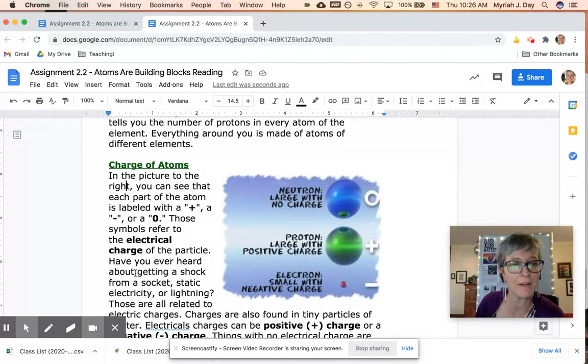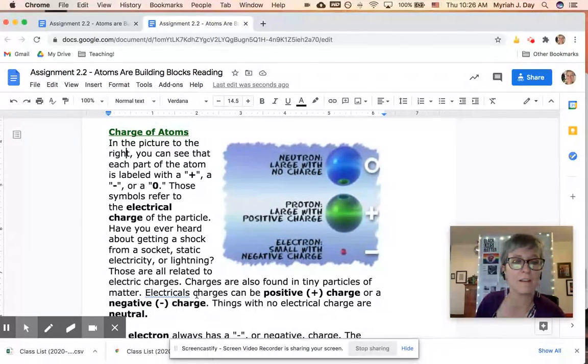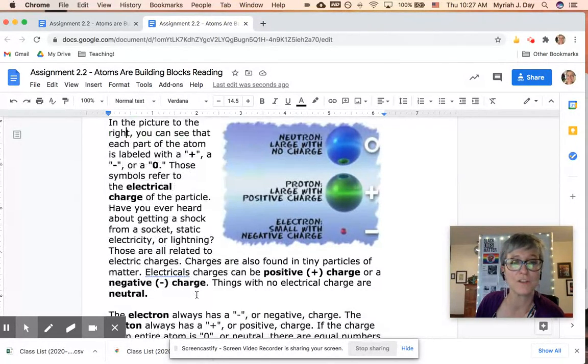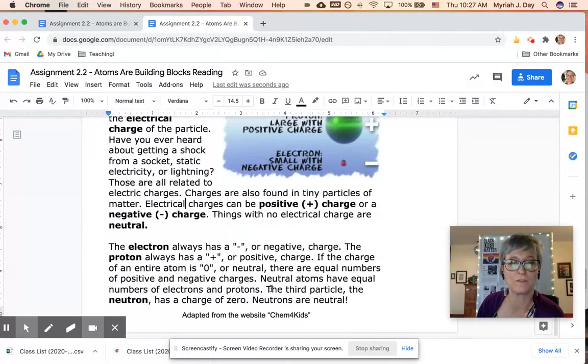Have you ever heard about getting a shock from a socket, static electricity, or lightning? These are all related to electric charges. Charges are also found in tiny particles of matter. Electrical charges can be positive charge or a negative charge. Things with no electrical charge are neutral.